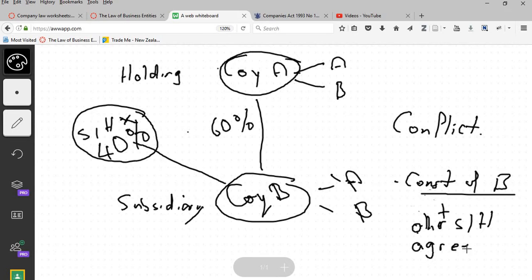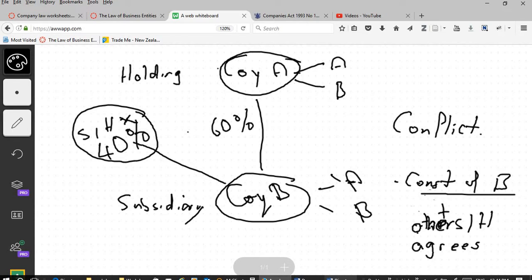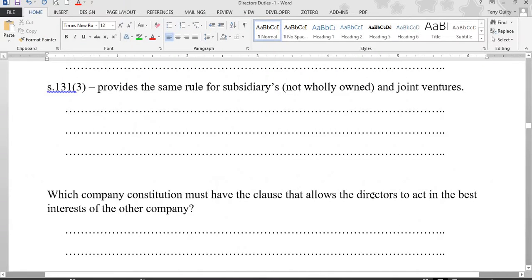So they have approved this conflict of interest. So if the other shareholder agreed, then it's not a problem. You can see from those examples, it only applies with wholly or partly owned subsidiaries and only with 100% consent of all shareholders. In the wholly owned subsidiary, that's just one shareholder, but where there are multiple shareholders, you get all of their consent to that.